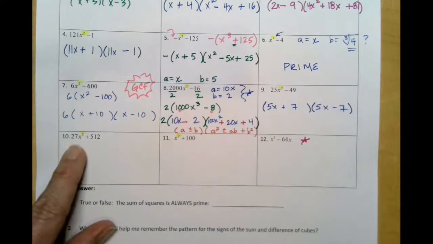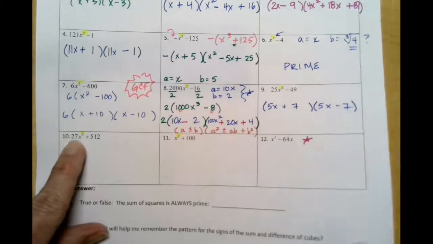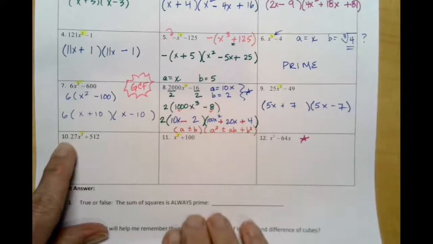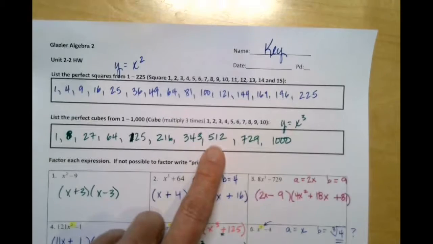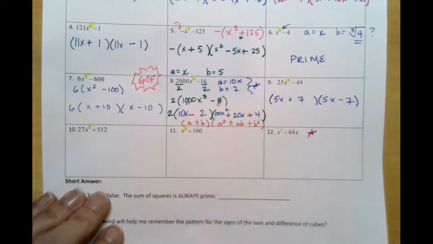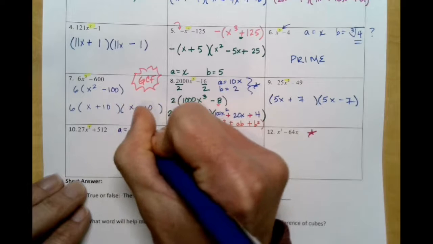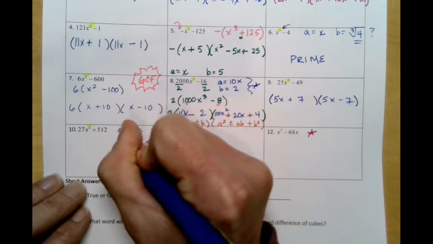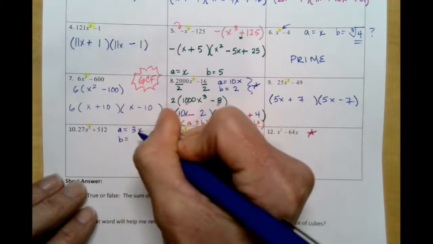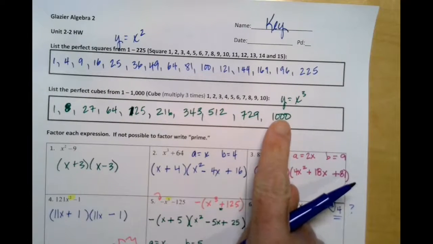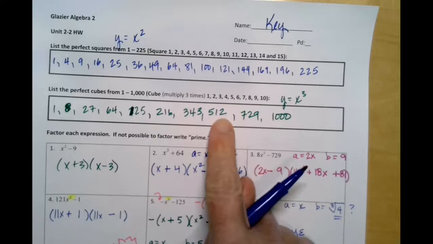This one we did already. Now we're going to go here. I'm not sure about 512. I know 27 is familiar, so I'm going to go back up to my numbers. I'm in good shape, so 512 is a good one. So we'll go ahead and say that A is 3x and B is equal to, let's see, 10 cubed, 9 cubed, that must be 8 cubed.